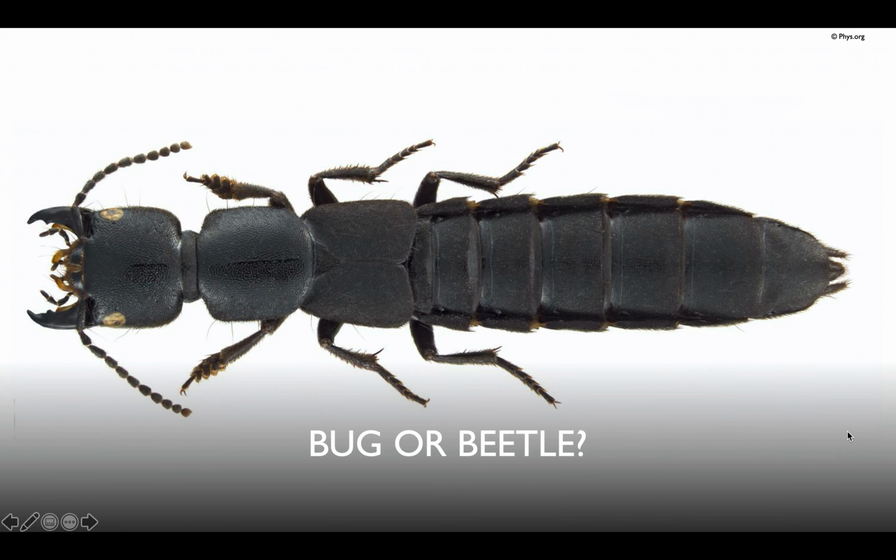All right, how about this? Is this a bug or a beetle? Beetle, beetle, beetle. Okay, awesome. Yeah, so this is a beetle. And you can tell, again, by these chewing mouth parts called mandibles. And this is a bit of a trick because you can see most of this insect's abdomen here. Its hardened wings are really, really short. These are rove beetles.